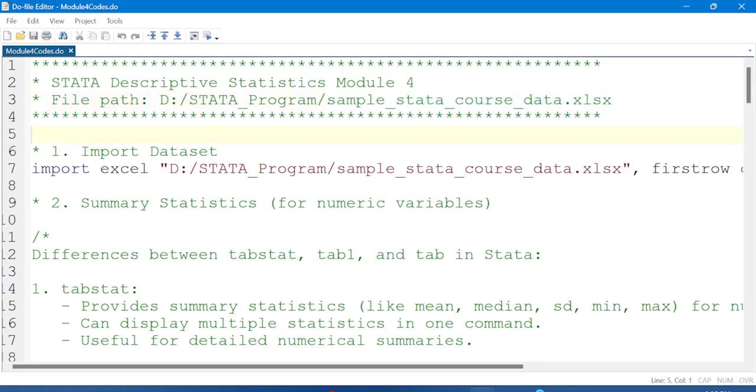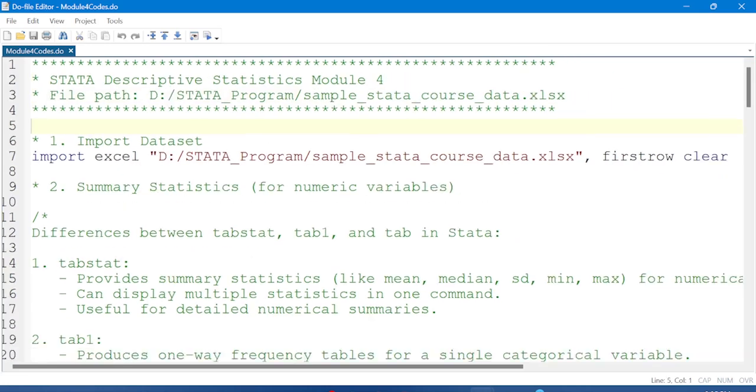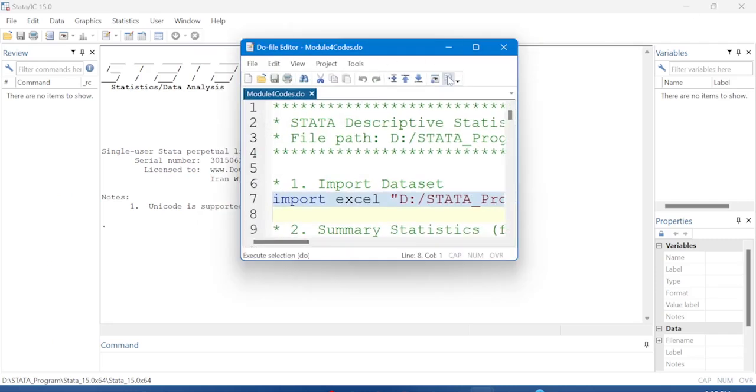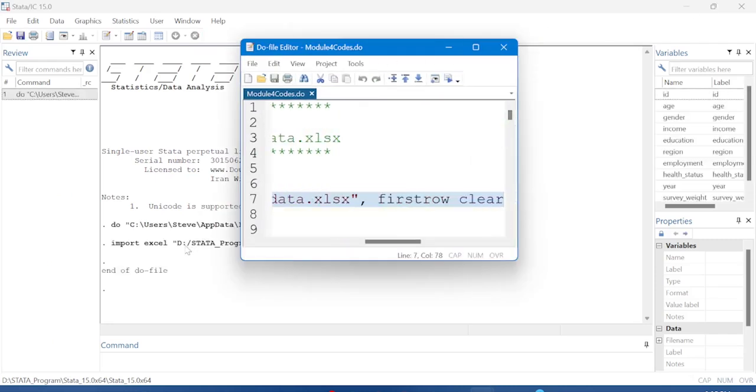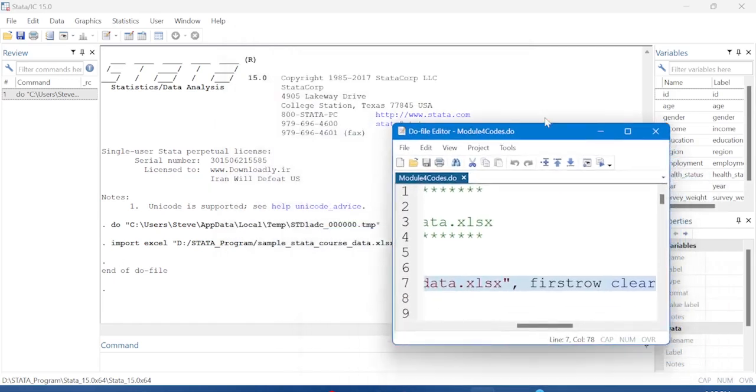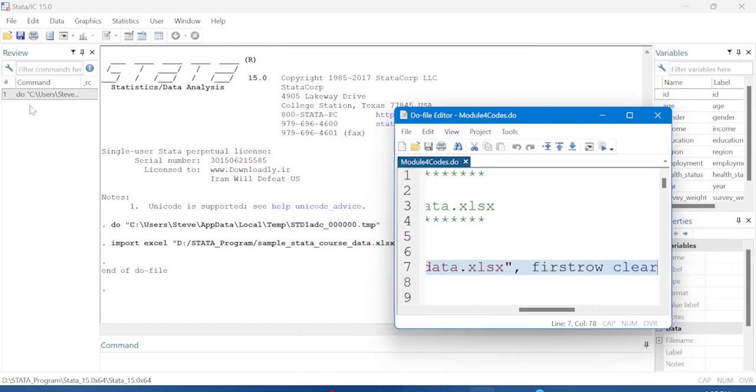So first things first, we need to import or load the data, and we have to execute this line. Running this line, we find that our data is now active. From the variables window we have the data, and from the results window and the command window we also have the command here.